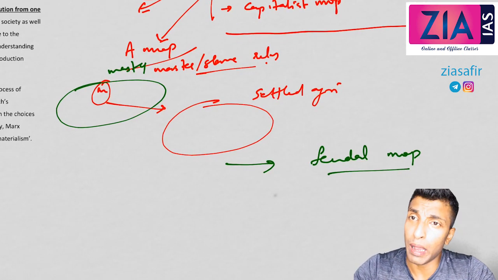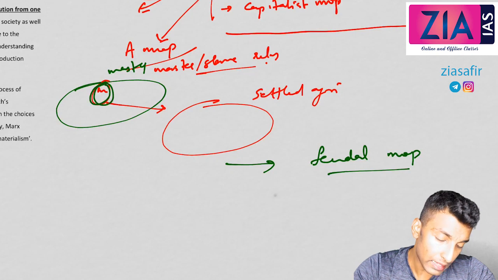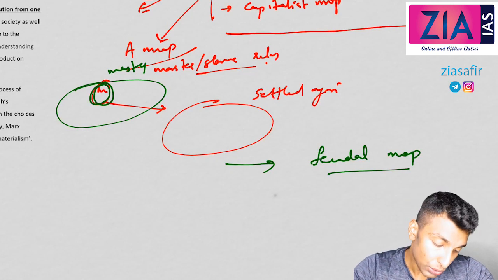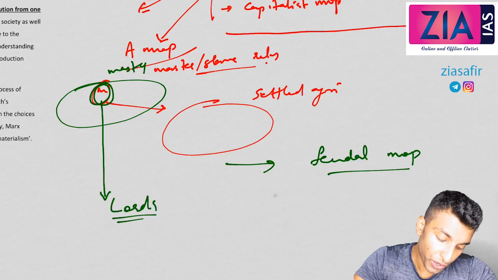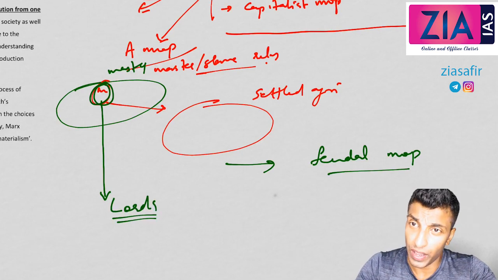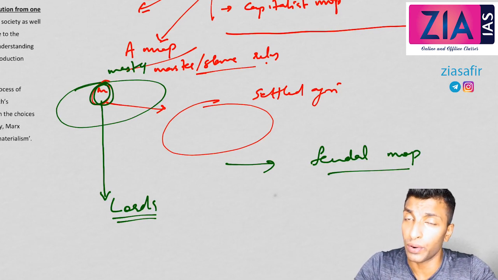Actually, you know what is actually happening is these people are the agents of settled agriculture. Okay, so in the feudal mode of production, what will happen is they become the lords. I'll explain this point in more detail, the way the class struggle is proceeding and who is initiating this and how it is working out, the reasons, everything in the theory of class struggle.